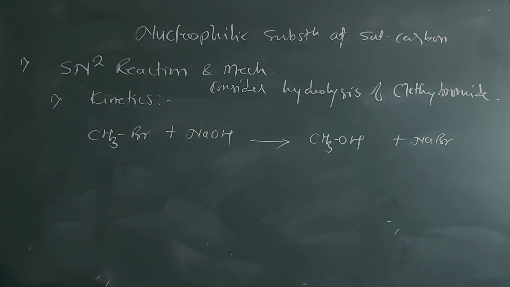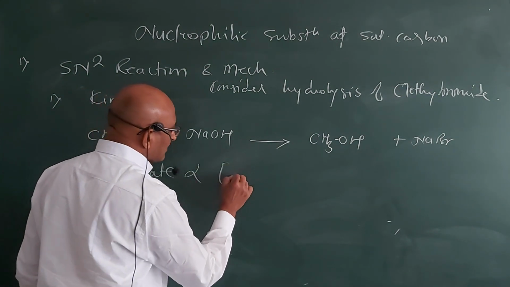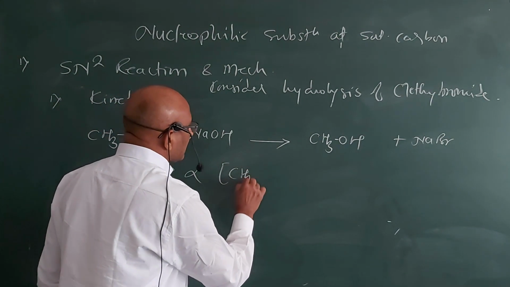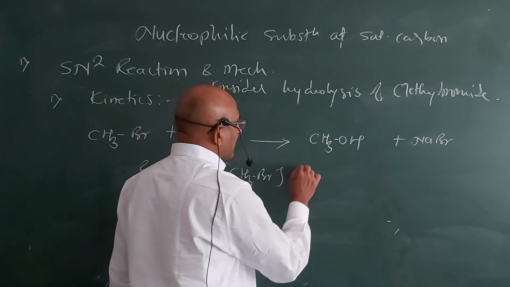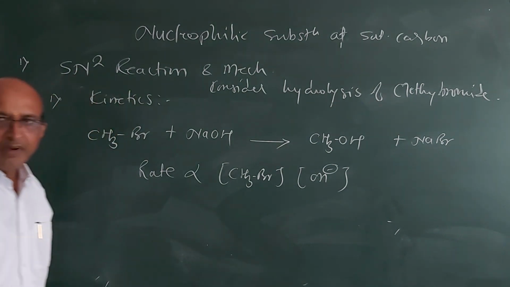And so the kinetic study of this reaction shows that the rate of reaction is directly proportional to the concentration of substrate, that is methyl bromide, and the concentration of nucleophile, that is OH minus.